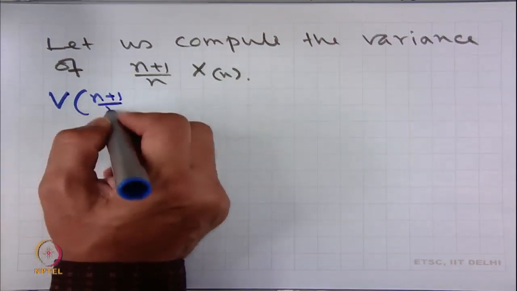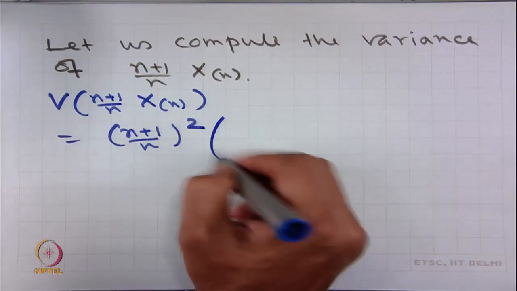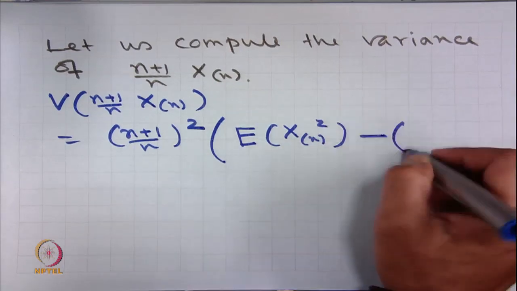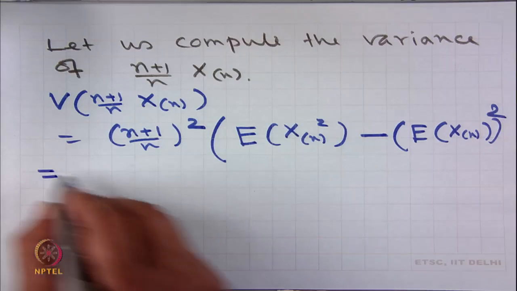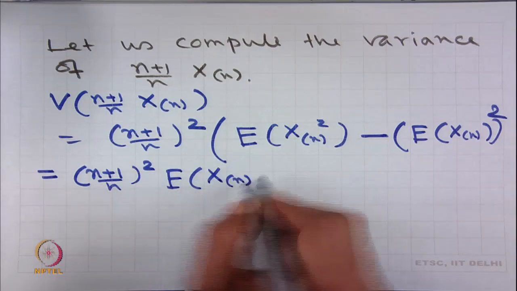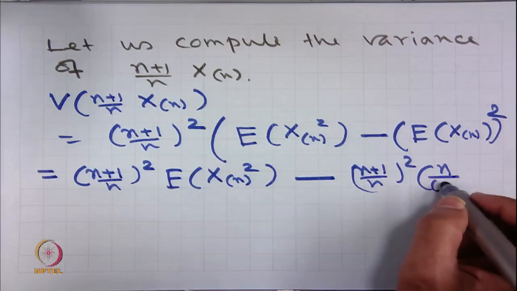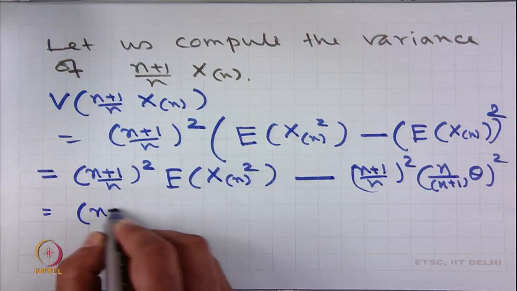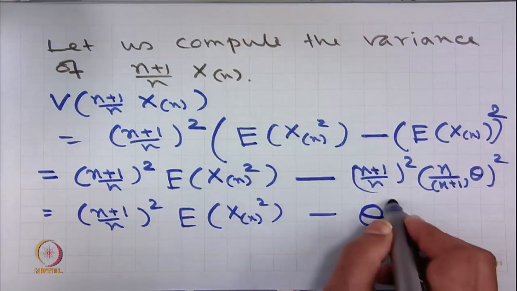Variance of n plus 1 upon n x n is equal to n plus 1 upon n whole square into expected value of x n square minus expected value of x n whole square, which is equal to n plus 1 upon n whole square into expected value of x n square minus n plus 1 upon n whole square into n upon n plus 1 theta whole square, which is equal to n plus 1 upon n whole square expected value of x n square minus theta square.